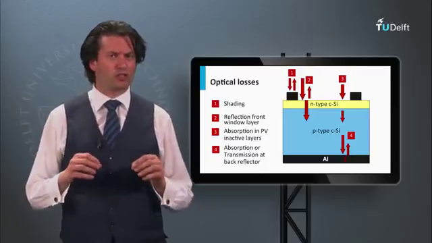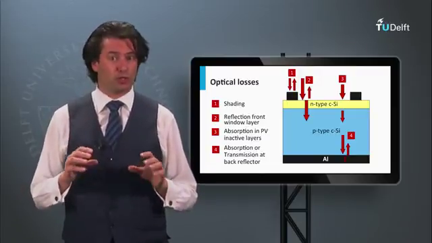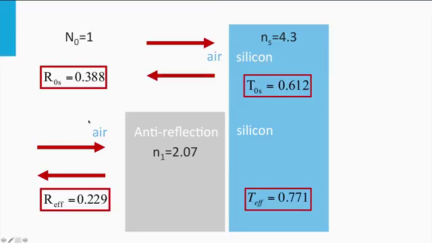Last week we discussed two approaches to reduce the losses. The first one was based on the Rayleigh film principle. By putting a film with a refractive index smaller than that of the silicon wafer between air and the wafer, you can reduce the losses. The optimum value for the refractive index of the intermediate layer equals the square root of the product of the refractive indexes of the two other media.